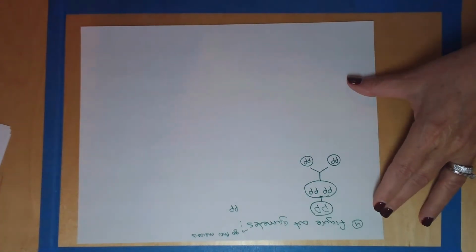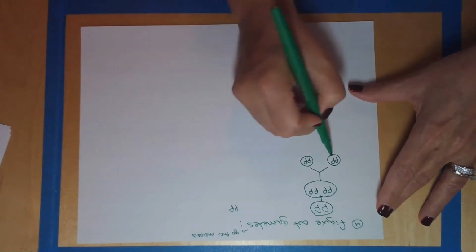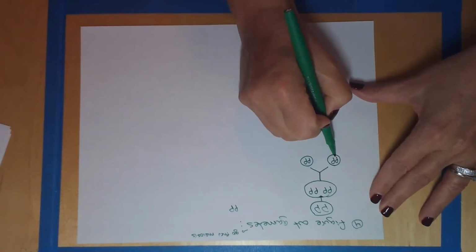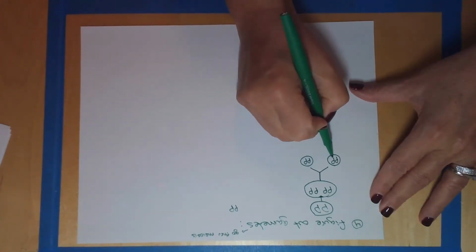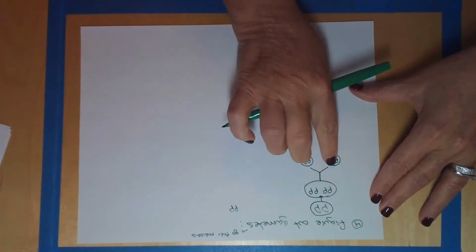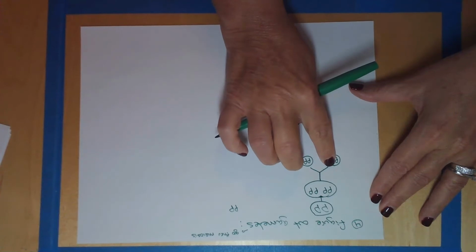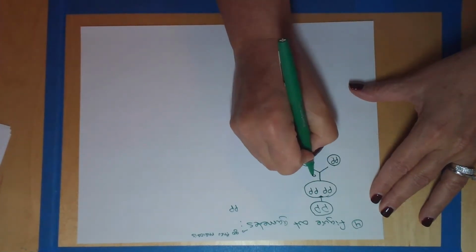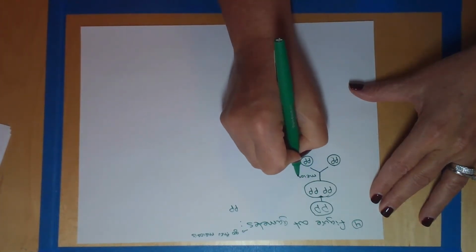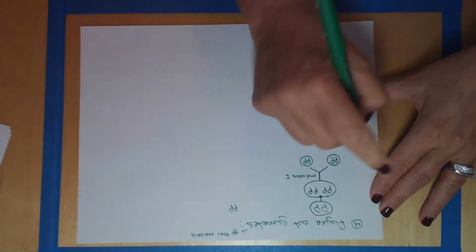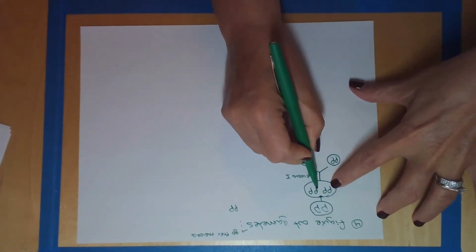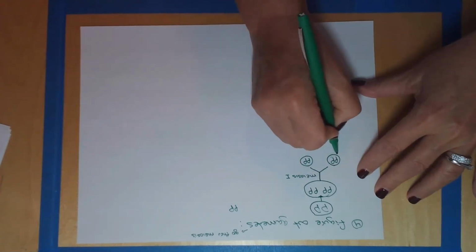Now, I see 2 chromosomes. What do you mean this is haploid? Well, remember, we don't count the copies yet. So this is meiosis 1, the reduction division, where we separate the homologous pair.